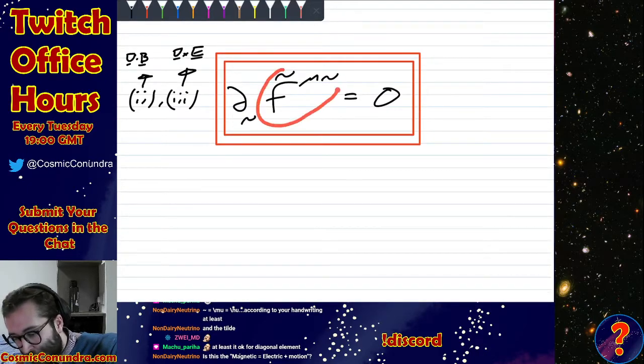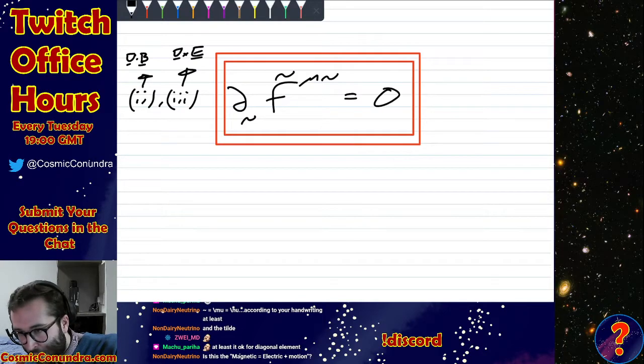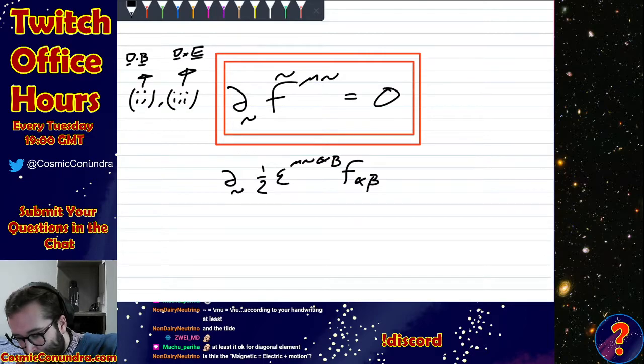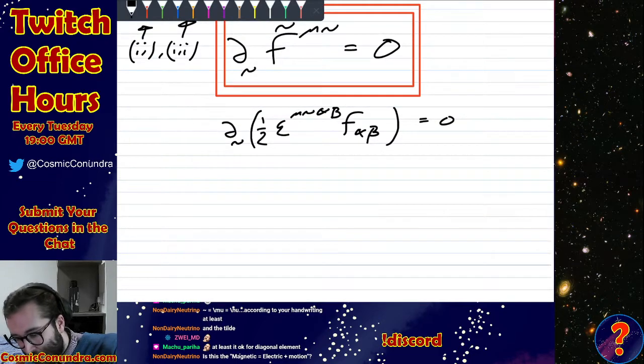But what you can do is substitute the form of this dual tensor in terms of the field tensor, like this, and you can show that this gives you an equivalent way of writing the equations that looks like this.